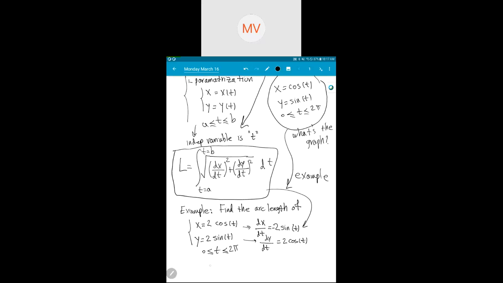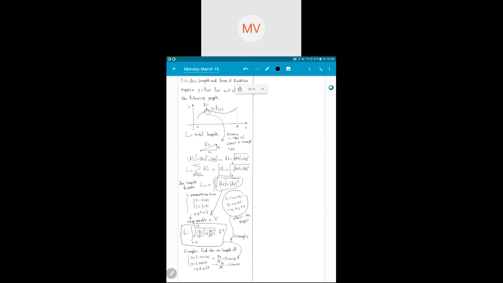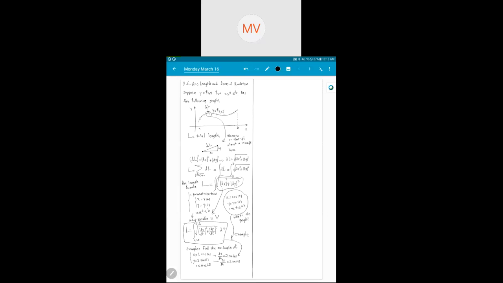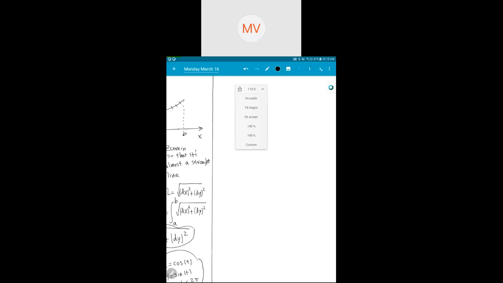Now let me go to the next column. By the way, the setup of this page is a letter or A4, and I split it up into 2 columns. So that's the left column. Now I'm going to zoom in to the right side.